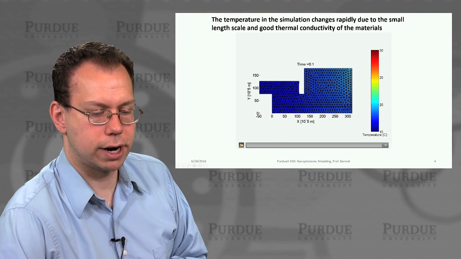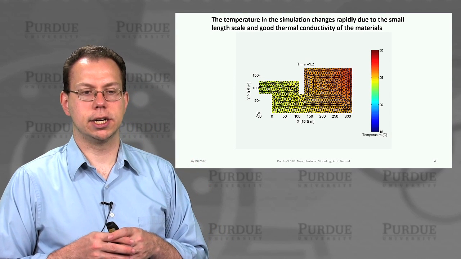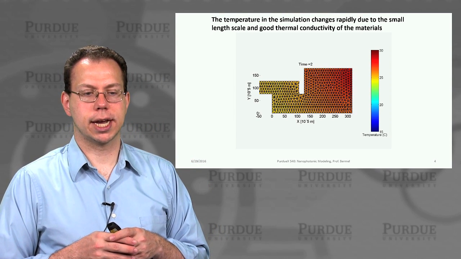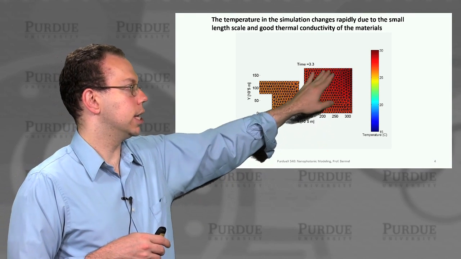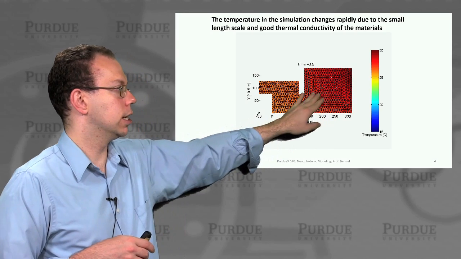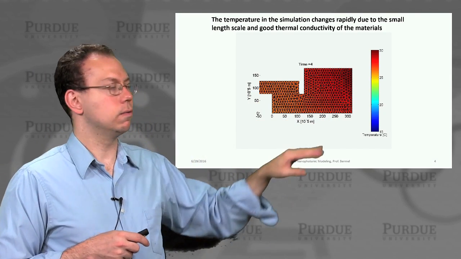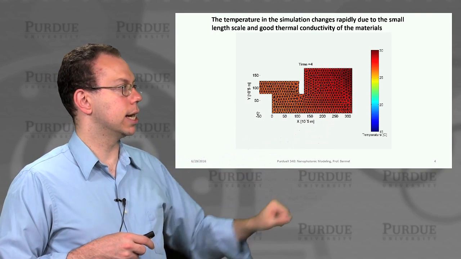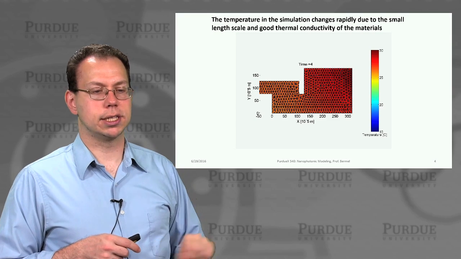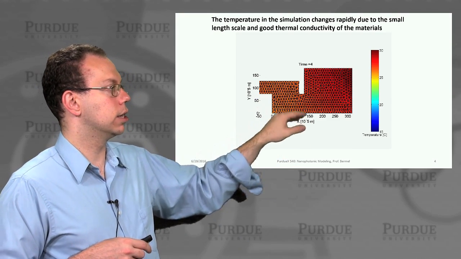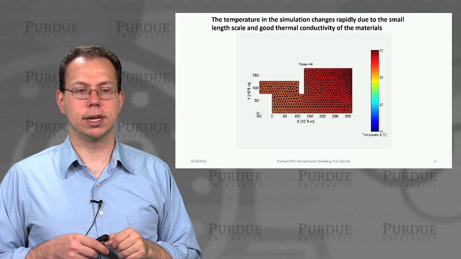Initially, it's very cool around 15 C. And you can see just after a fraction of a millisecond, or in microseconds, it's heated up quite substantially to about 30. And all the heat was coming from over here. And then it's slowly spreading out to these other regions. Now, it's spread relatively quickly through the copper, which is not surprising just because copper is a good conductor. But then as it gets to other regions of materials, it can take much longer to heat up. And that's something we'd expected.